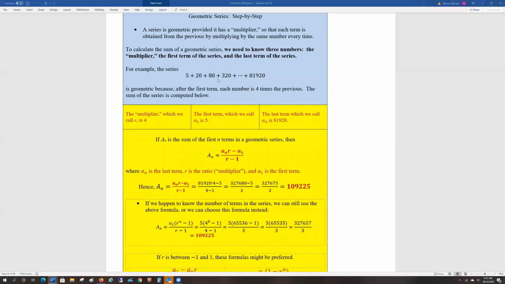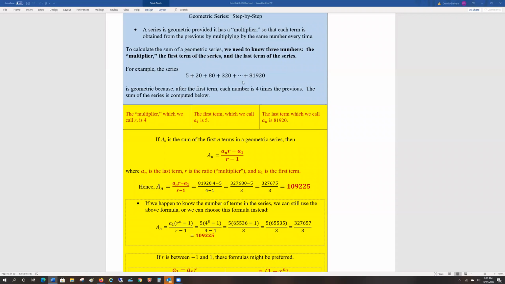And if you study those four numbers, you probably will conclude that the rather obvious multiplier is 4, because 5 times 4 is 20, and 20 times 4 is 80, and 80 times 4 is 320. There are, mathematically speaking, lots of different things that it could be, but for our purposes here, we're going to go with what someone might call the obvious choice.